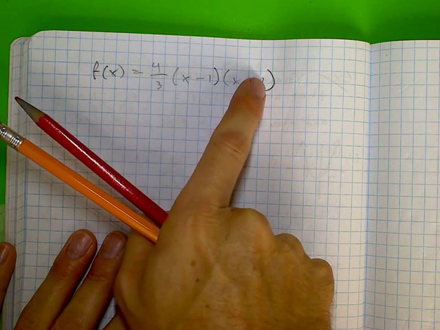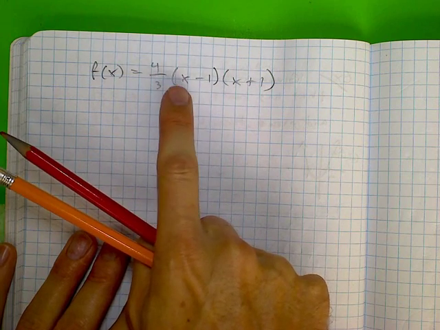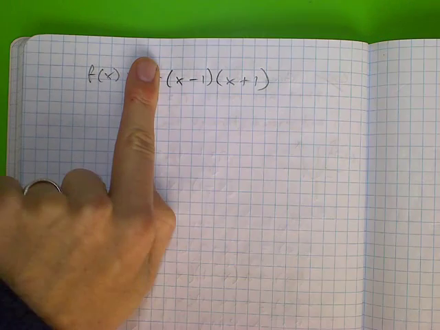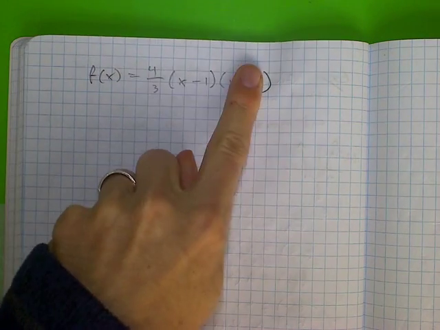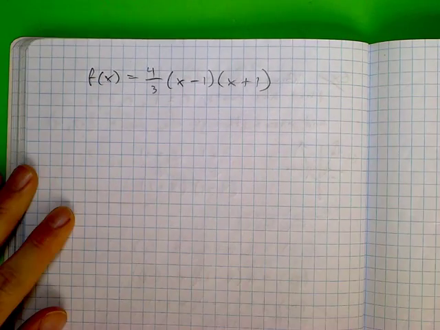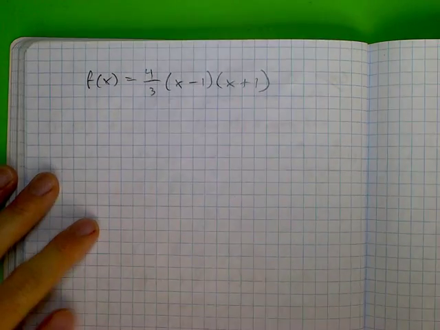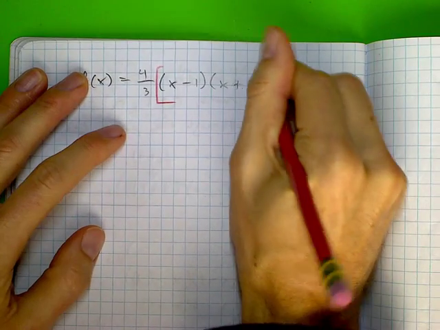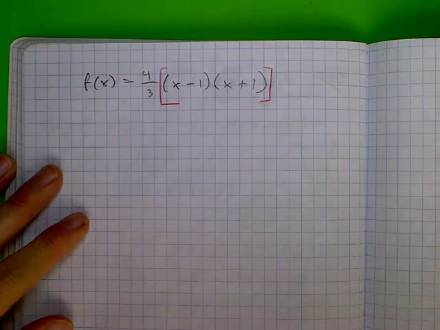That's not how multiplication works. Just pick two things and multiply those two things together. I'm going to start by multiplying the x minus 1 times the x plus 1. But you could start by multiplying the 4/3 by the x minus 1, or any other two things. I'm going to multiply these together first, only because I feel like it.